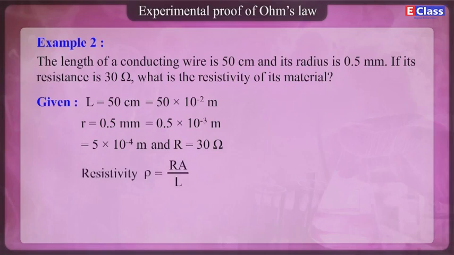Resistivity is equal to RA upon L, and A is equal to pi r square.